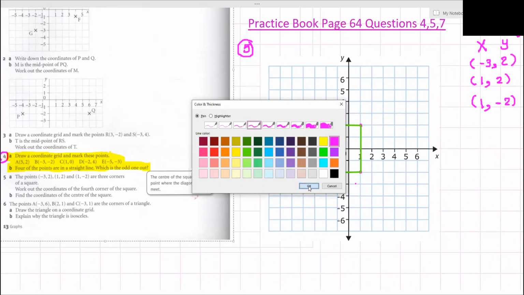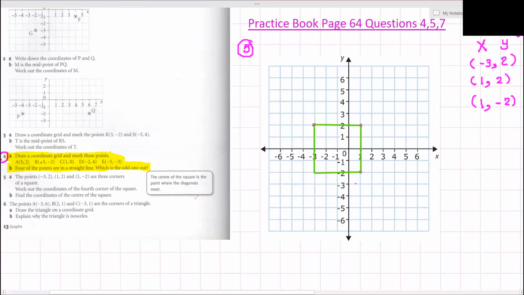Let's read the question again. Question 5. The points -3, 2, 1, and 2, 1, and -2 are three corners of the square. We finished plotting these three corners and we completed drawing the square. Work out the coordinates of the fourth corner.